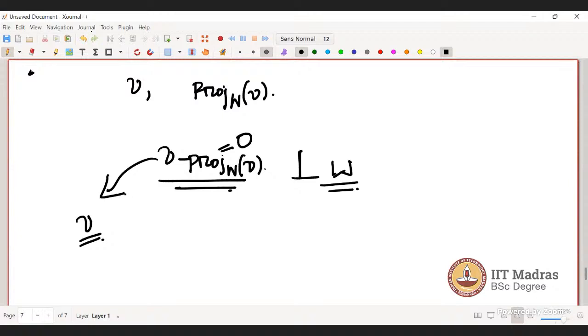See, V is a vector. So what is your question now? You are saying the direction of v and the direction of v minus projection of v are the same? No, sir.